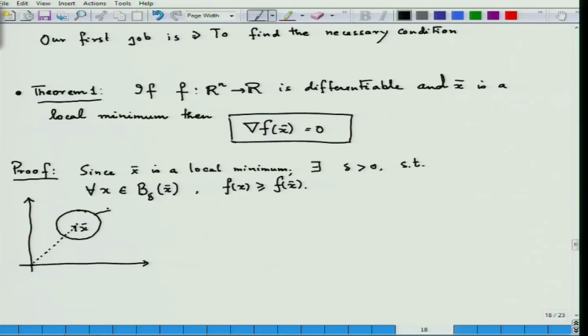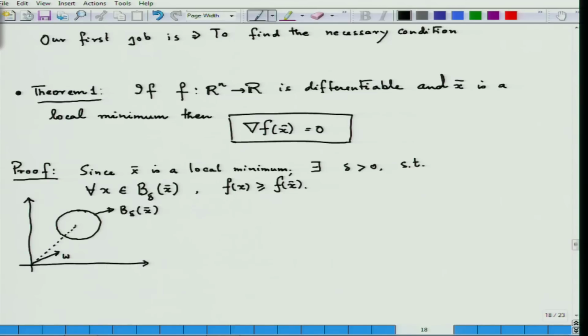So, this is my B delta of x bar. What I can do is, let me take any vector w in any direction, then I can choose to move from x bar along the direction w.